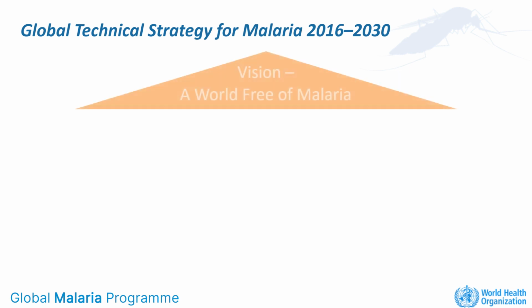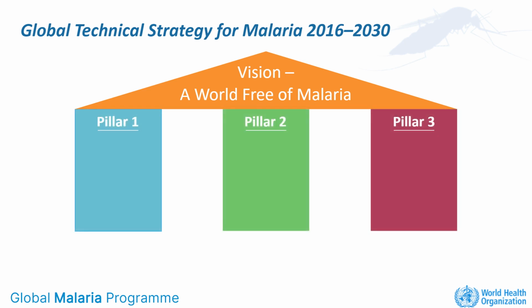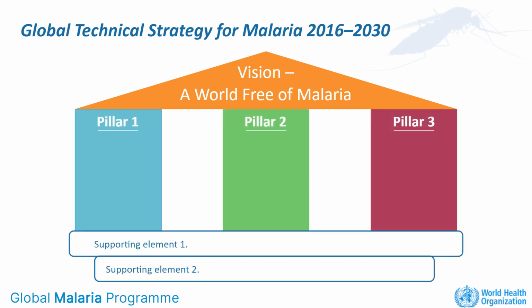The vision of the GTS is a world free of malaria. This vision is equivalent to the concept of malaria eradication, which, as we have learned, refers to extinguishing human malaria everywhere in the world. The GTS consists of 3 pillars with 2 supporting elements.